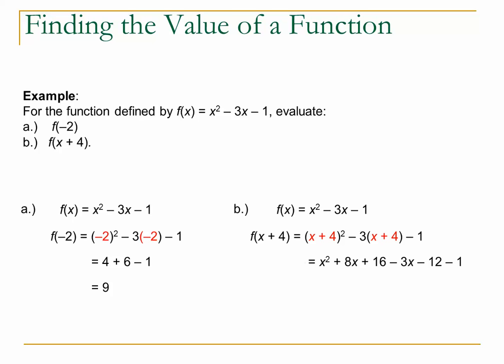So (x plus 4) times (x plus 4) must be FOILed, which is where the x squared plus 8x plus 16 comes from. Then distribute the -3, so you get -3 times x, or -3x. And then -3 times +4 gives you a -12. And then finally subtract off the 1.